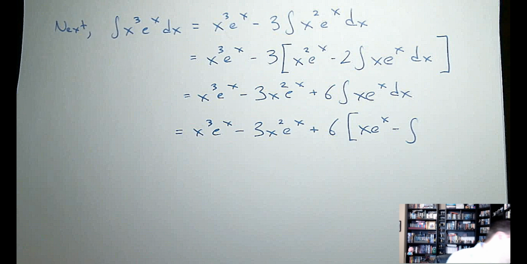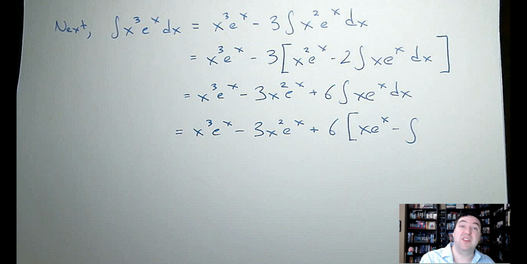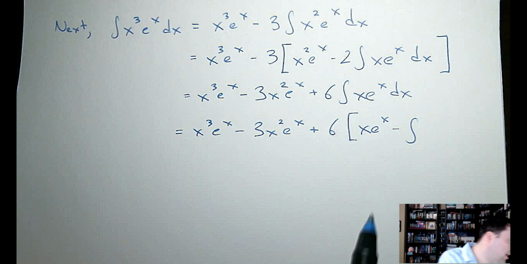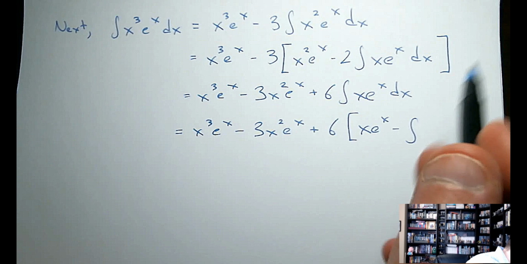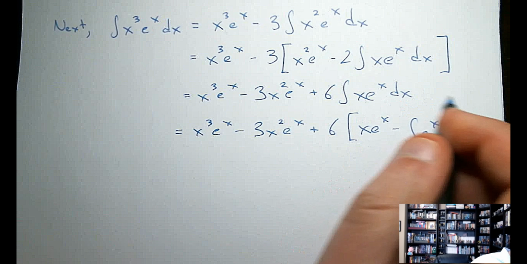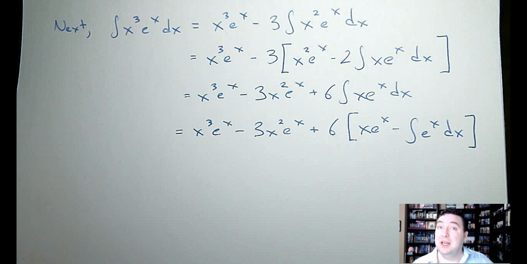Well, now x to the power of 1 minus 1 is x to the 0, which is 1, so that power of x goes away, so we're just left with 1 times e to the x dx. And there we go. That is an elementary integral.